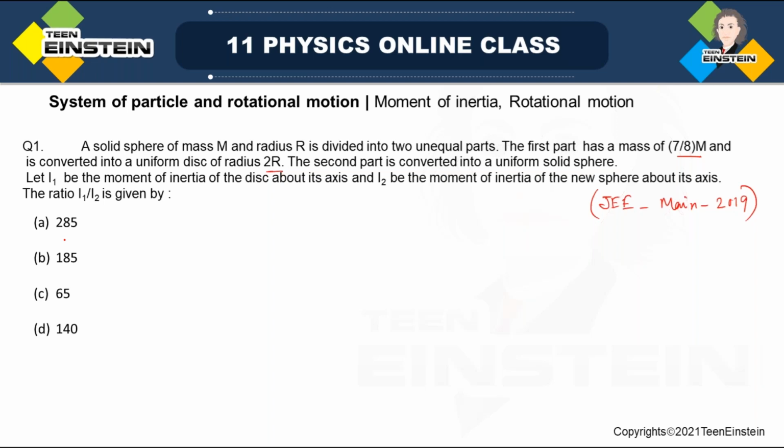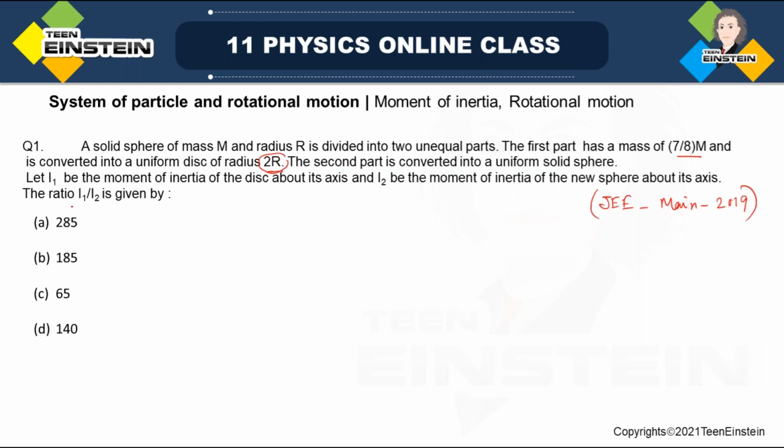One part is converted into a disk of radius 2R, and another part is converted into a new solid sphere which has moment of inertia I2 about its axis.